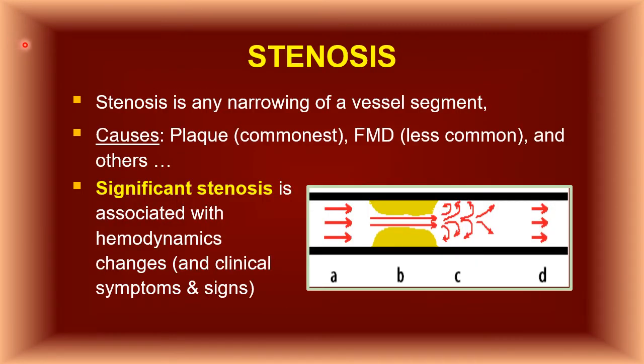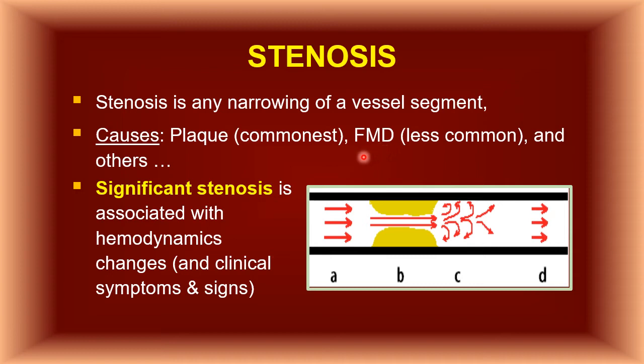So to continue with the resistance to the flow, we need to discuss a pathology which is called stenosis, or narrowing of a vessel. This narrowing is usually caused by pathology like plaque, which is the commonest factor, but also might be fibromuscular dysplasia and other pathologies that might lead to stenosis.